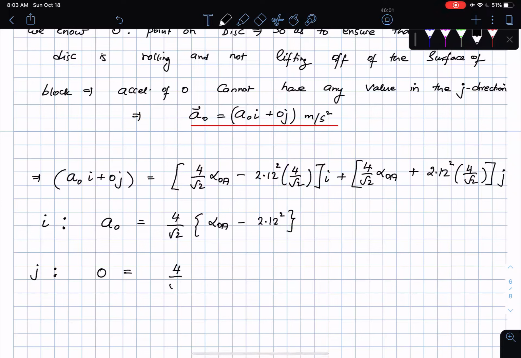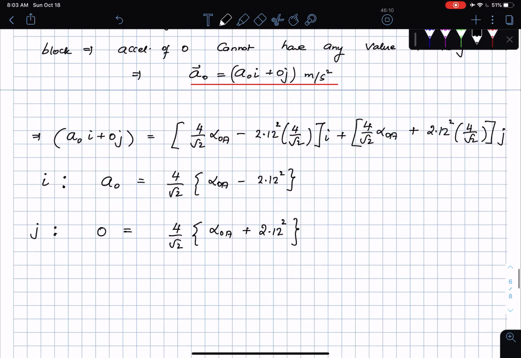If I equate things in the j direction, I get 0 because I have nothing there, is equal to 4 by root 2 times alpha OA plus 2.12 square, which essentially tells me I can solve for alpha OA. Okay, so I can find out alpha OA, and this is essentially minus 2.12 square. So alpha OA is obtained as minus 4.49 radians per second square.